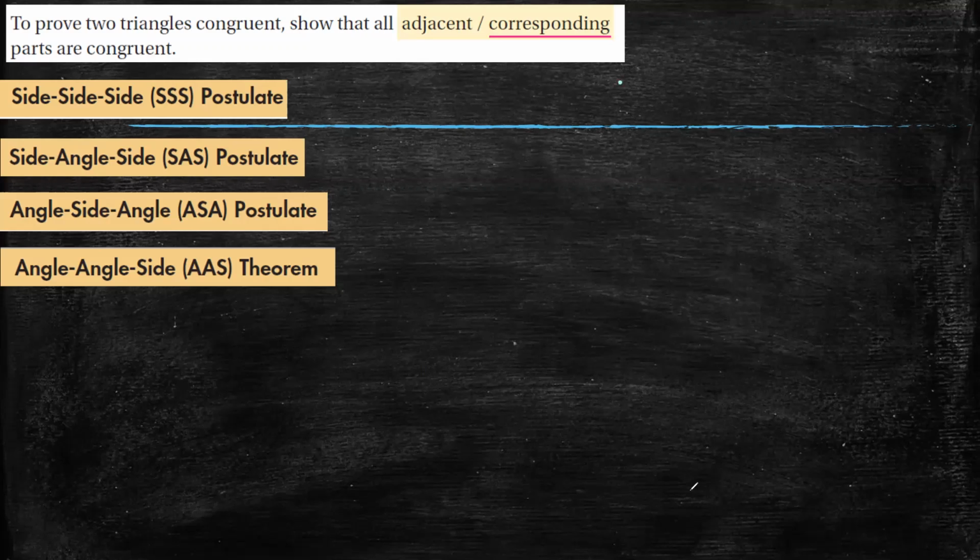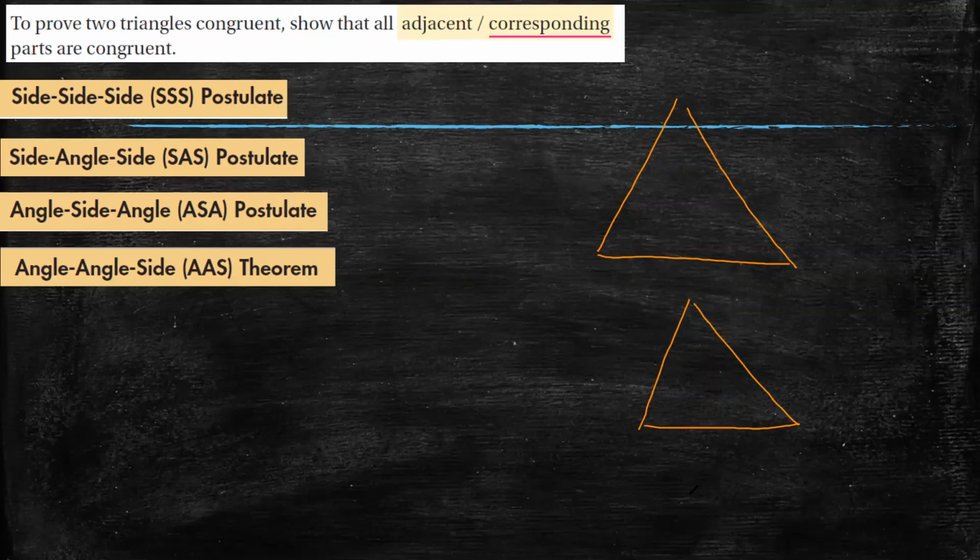That means if I have two triangles, and he told me that this side is congruent with this side, and this side is congruent with this one, and this one is congruent with this one. If all the sides are congruent, I will say that these two triangles are congruent by SSS.